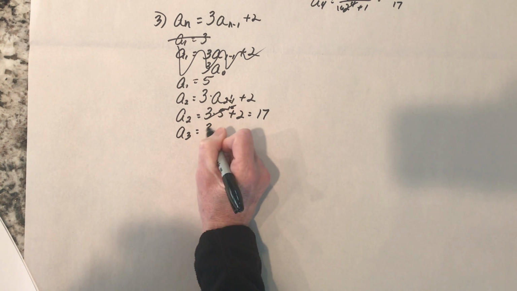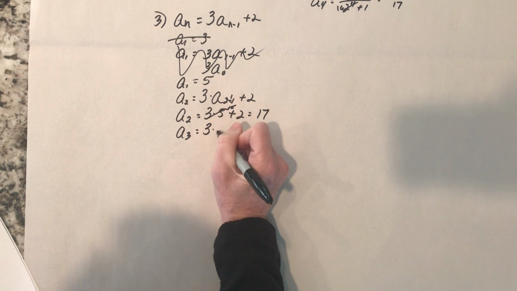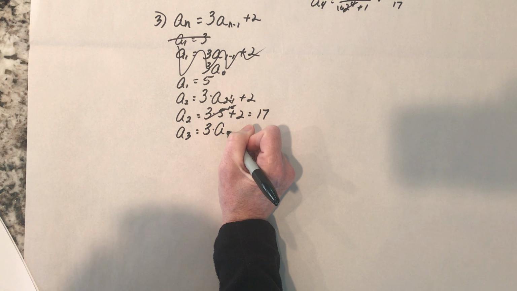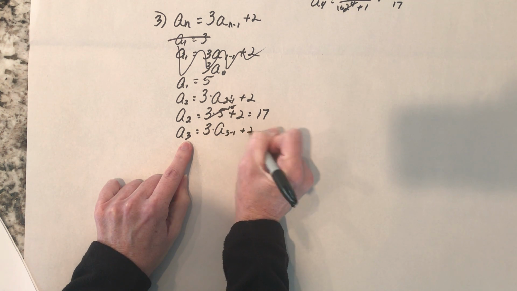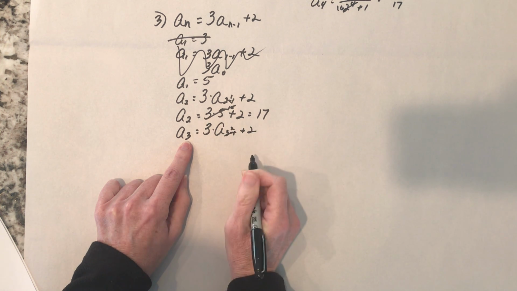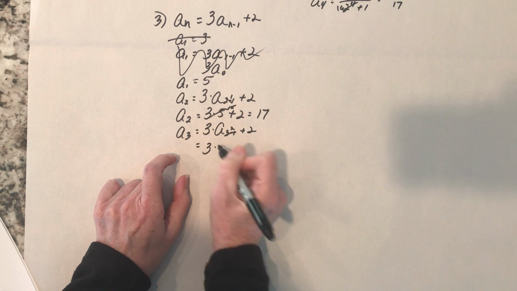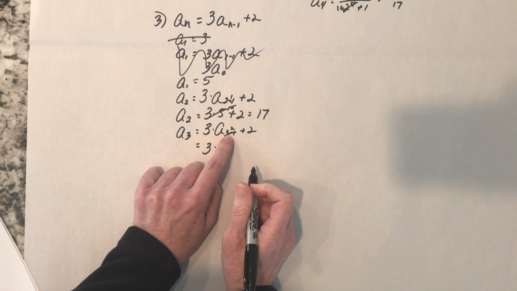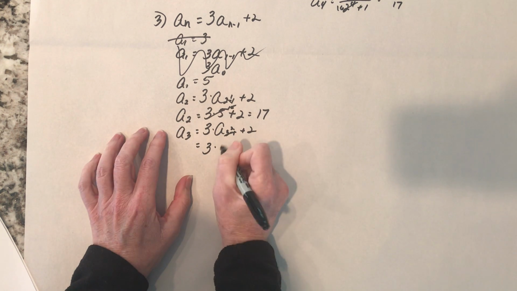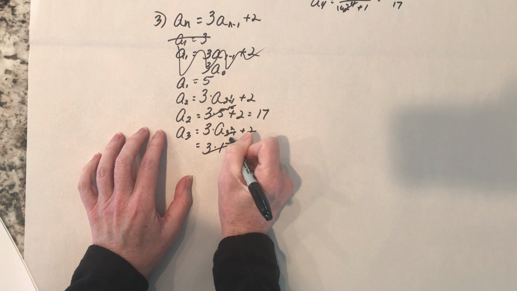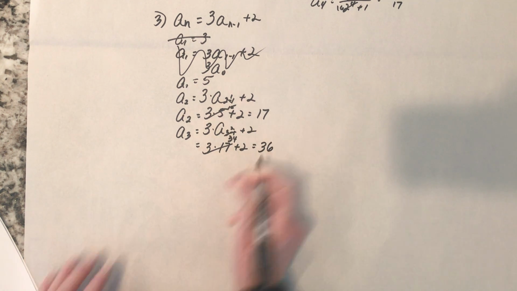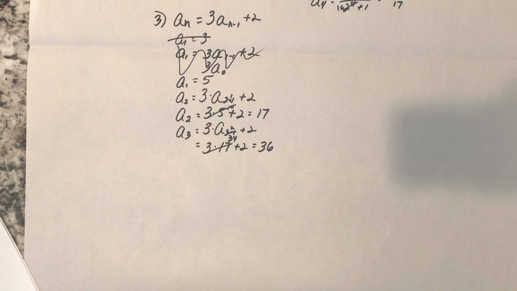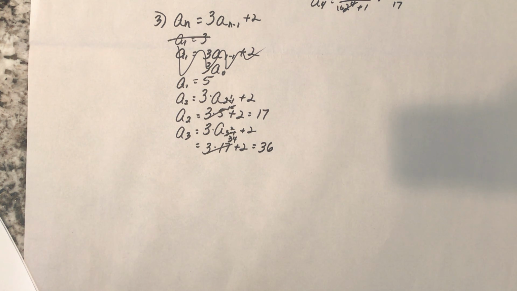A sub 3 is 3 times whatever a sub n minus 1, and in this case the n is a 3, plus 2. So we need a sub 2. So this will be 3 times a sub 2. A sub 2 was a 17. We're just working our way down the row there.